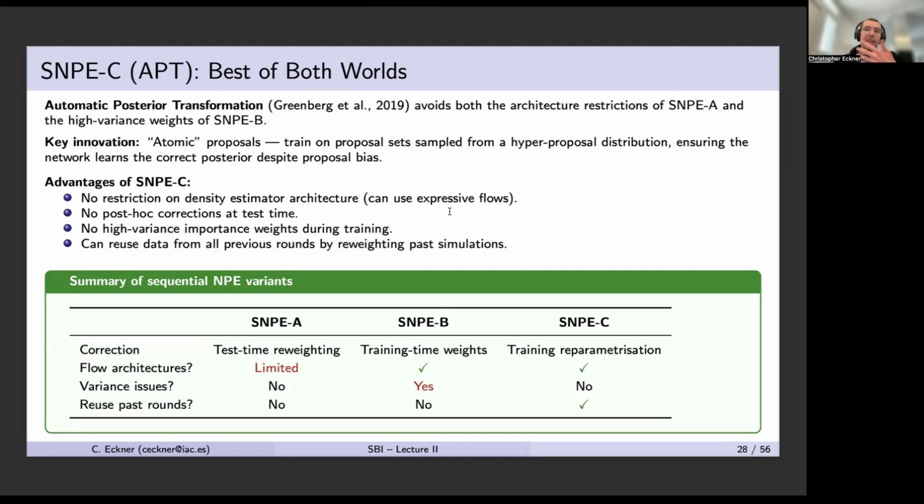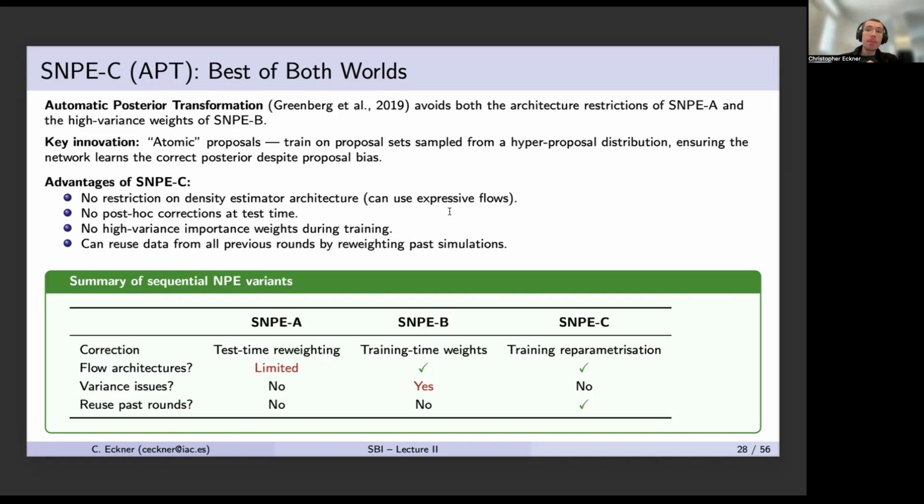And what you should retain here in principle is that this tries to do both. So it tries to use some kind of a hyper proposal distribution that is easy to evaluate, but to also introduce then these importance weights during the training as a part of the loss function.